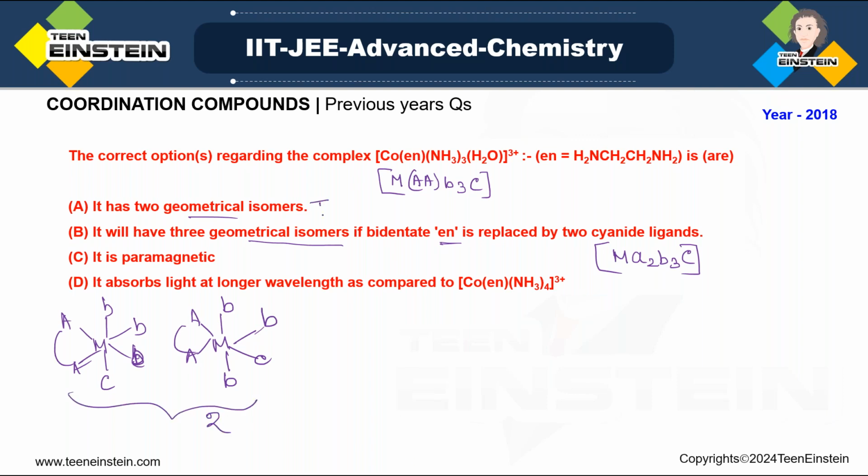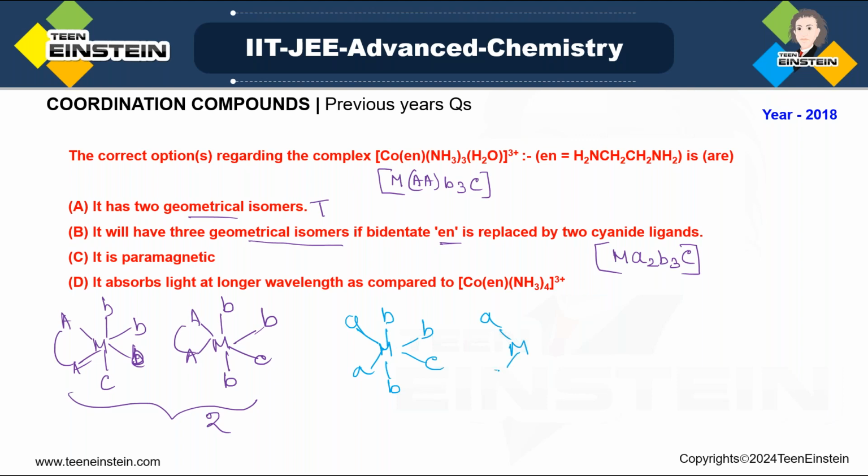This is actually correct. Now when we have replaced it with 2 cyano, is there any change that we have to write? For the other possibility, see here MAA, then we have a total of 3 B. This is one possibility.